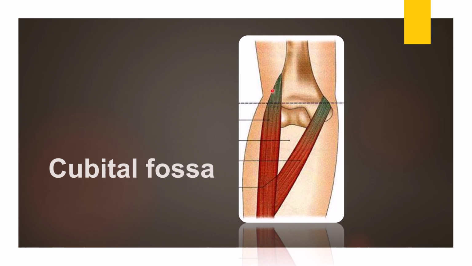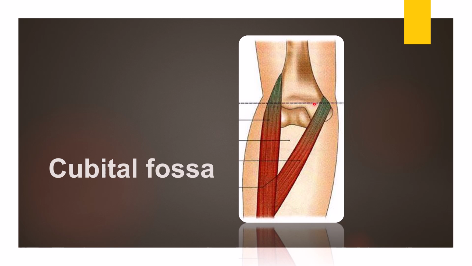Then the apex of the triangle is formed by crossing of pronator teres and brachioradialis muscle, forming the apex of cubital fossa. The next one is the base. The base is formed by an imaginary line which is drawn from medial epicondyle to lateral epicondyle.